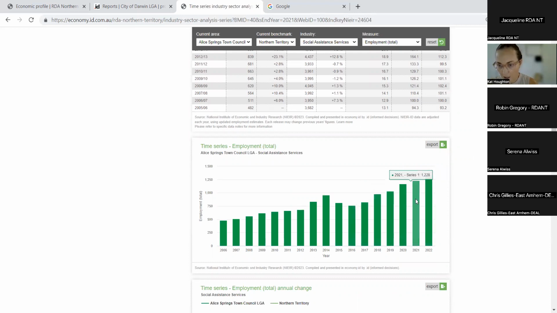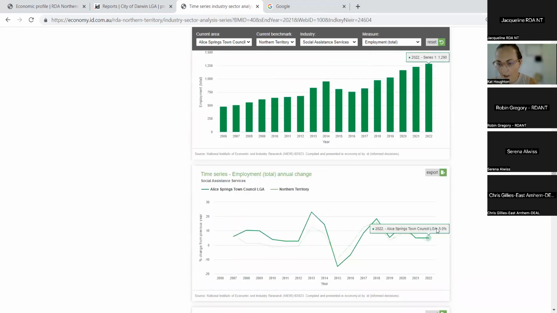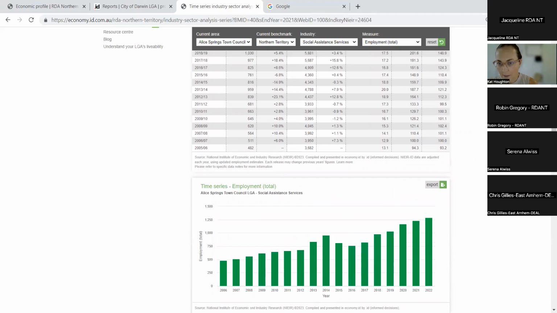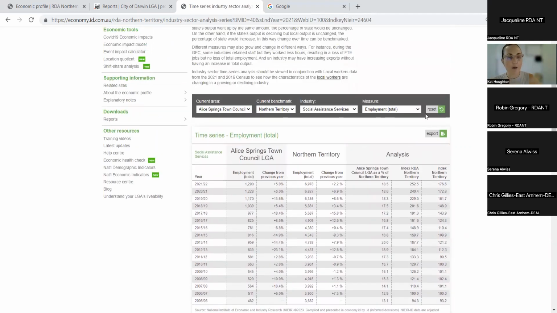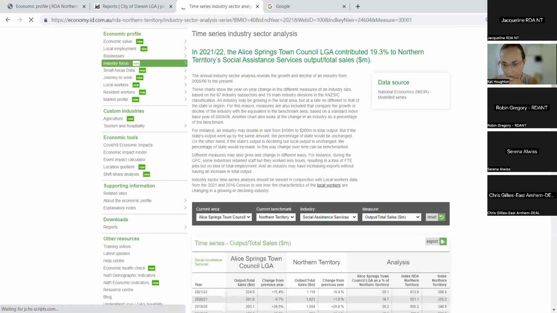So we can see there, 2016 to 2021, that growth in social assistance services in Alice Springs. So you're able to drill down to have a really good look at what's happening in particular sectors. Let's have a look at our output here.